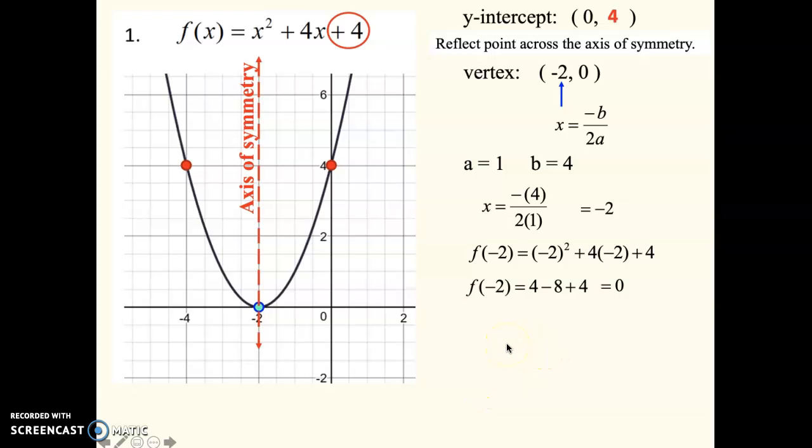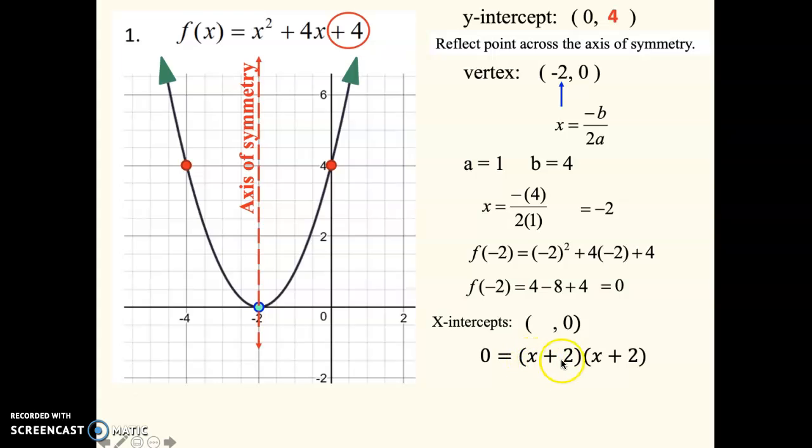I could find the x-intercepts. What's always true of an x-intercept? My y is 0. So if I plug 0 in for y in the equation, f of x is the same as y, so replace that with 0. I went ahead and factored this quadratic. It was easy to factor.